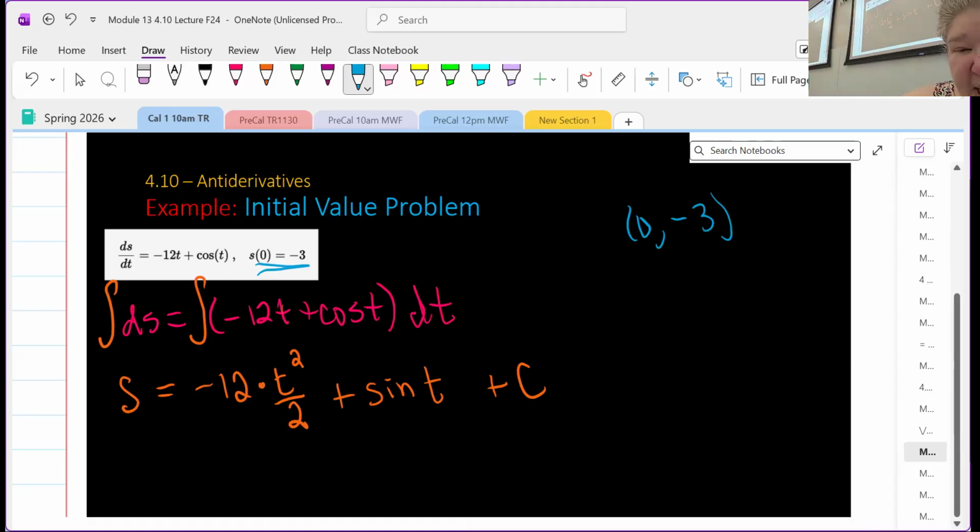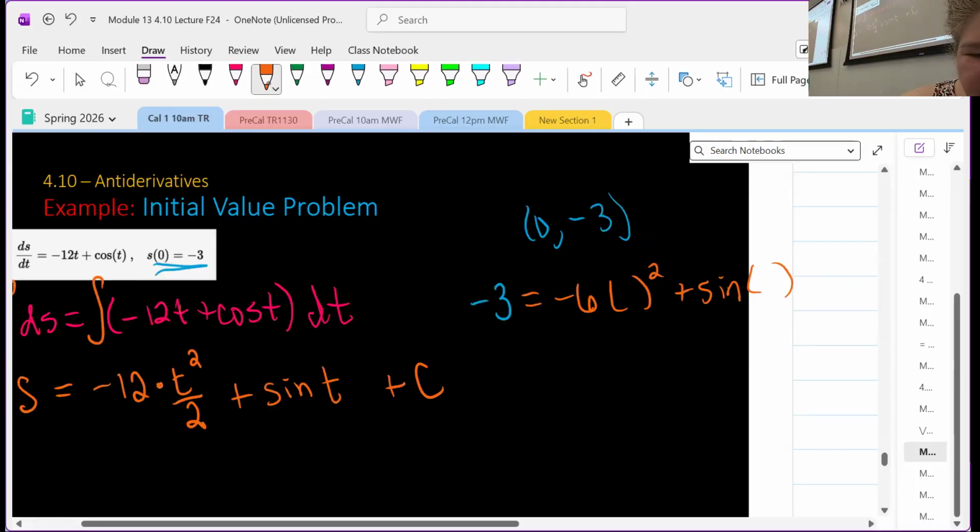All right, so now we're going to plug in 0 and see what our constant comes out to be. So I'll have negative 3 for my s value equals, that'll become negative 6 times t squared plus sine of t, but I'm leaving blanks, plus c. We fill in zeros.